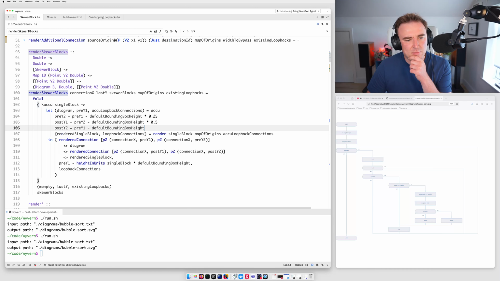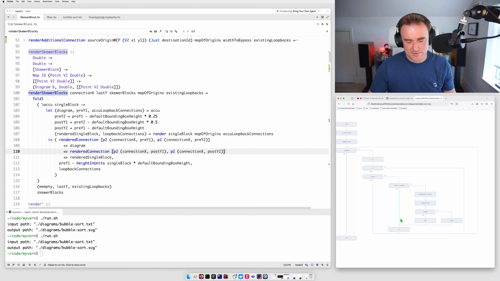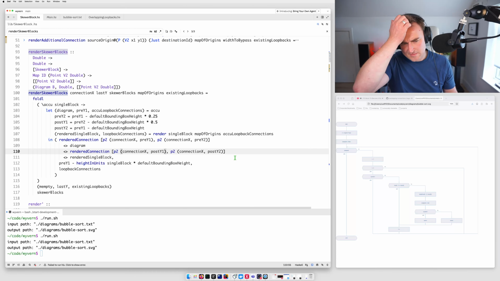Post y1, post y2. This is weird. So skewer blocks, this function only renders the vertical lines, I think. Let's do a quick test.